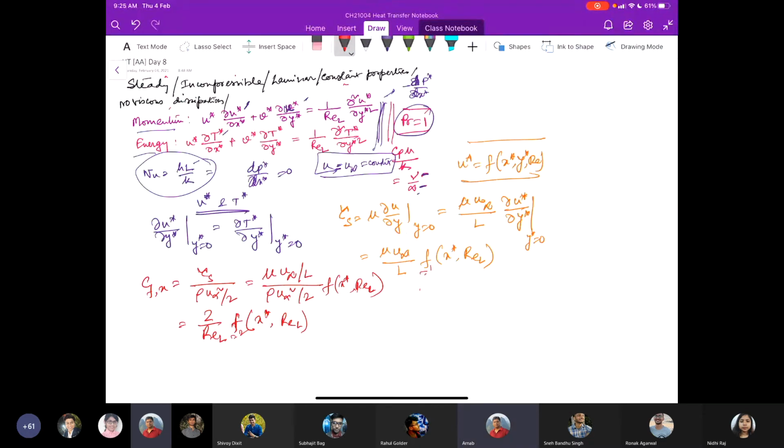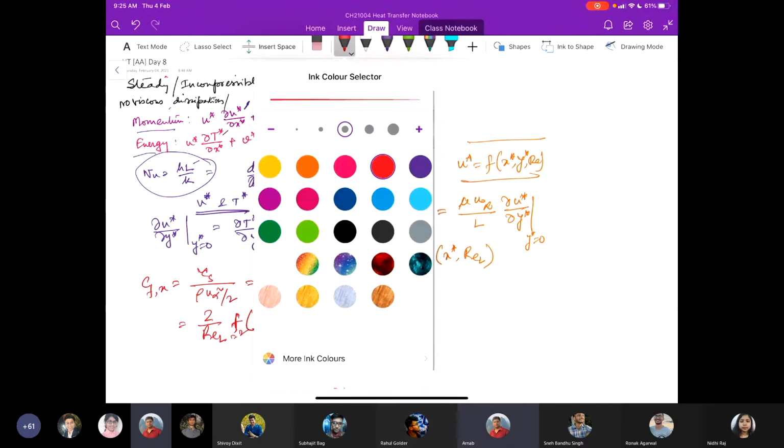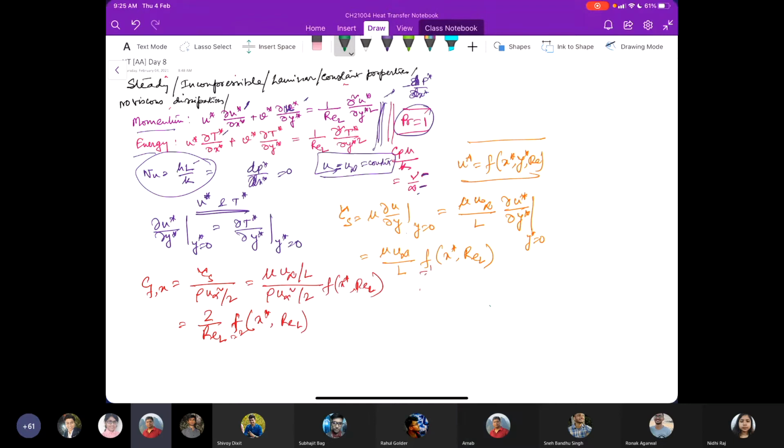in addition to that, we had our understanding of the Nusselt number as hL by k, which is the gradient at y star equals 0, which is another function of x star, Reynolds number, and Prandtl number.